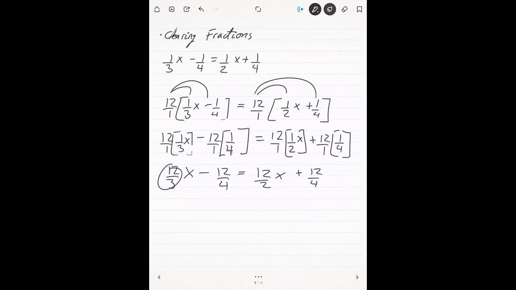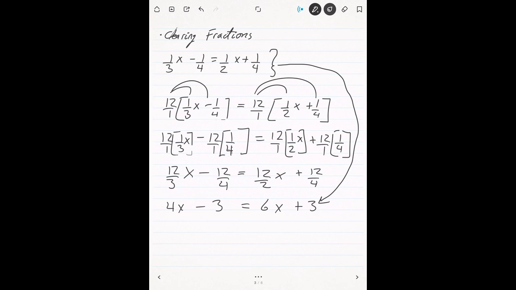What's 12 divided by 3? That's a 4. What is 12 divided by 4? 3. 12 divided by 2 is 6. And 12 divided by 4 is 3. Look what we just did here. We took this equation that had all fractions in it, and we've manipulated it in a way so that we ended up with whole numbers.